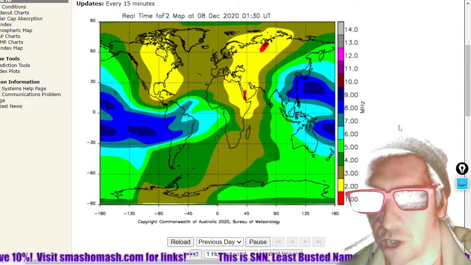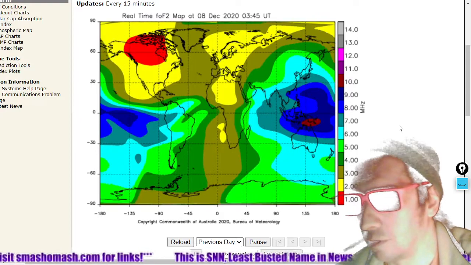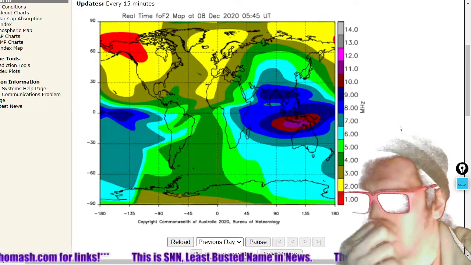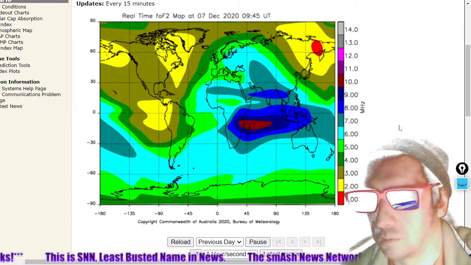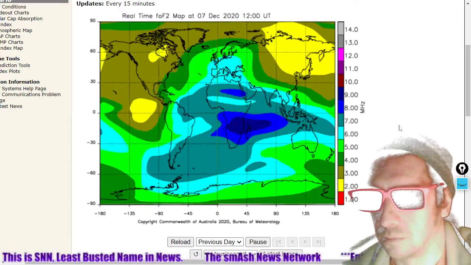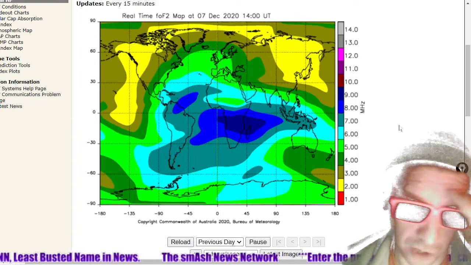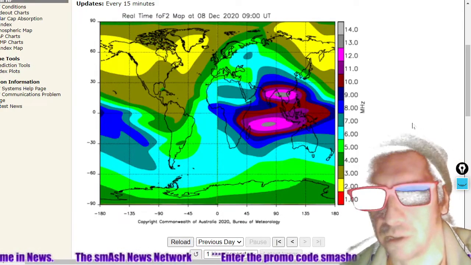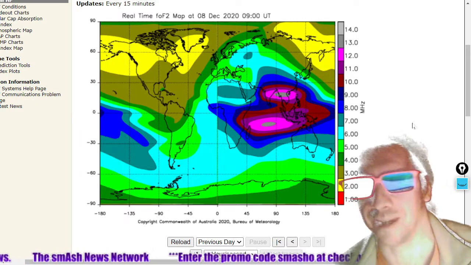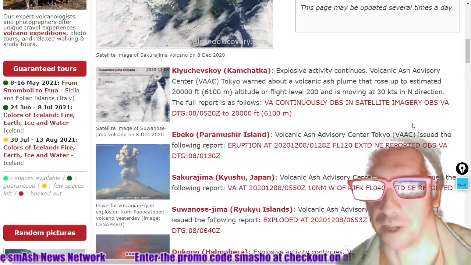It's a little bit charged up in the northern portion. And we're seeing sudden charge ups and charge downs around the equatorial regions as well. Here's the latest image. That one came in at 9 o'clock Universal Time.